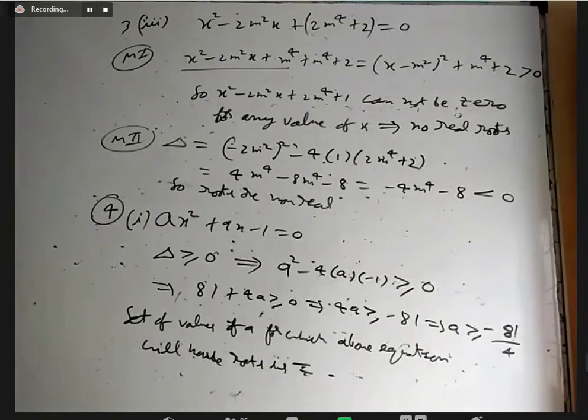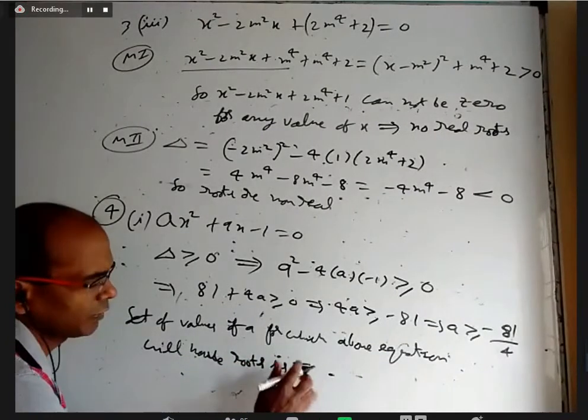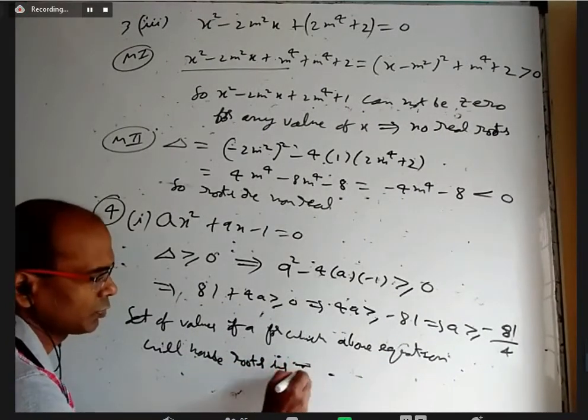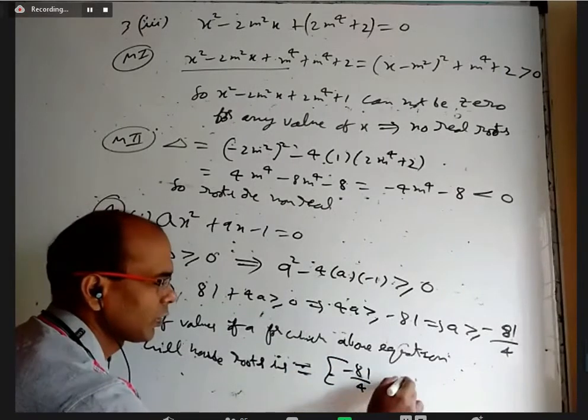Let me see the answer whether I remove 0 or not. No, that is not removed. But it's better if they would have mentioned quadratic and then removed 0. So it will be minus 81 by 4 all the way up to infinity.